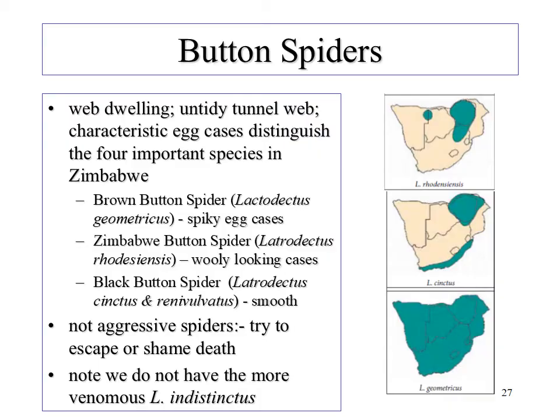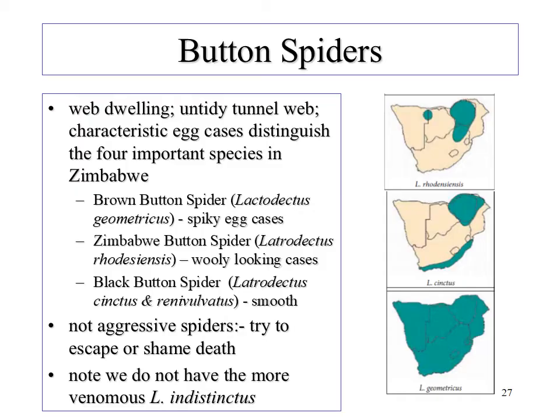And then we've got the black button spiders, and there are two of them that we have in Zimbabwe. There's Latrodectus cinctus, which is found almost throughout Zimbabwe, and then we've got Latrodectus renovatus, which also is widely spread.